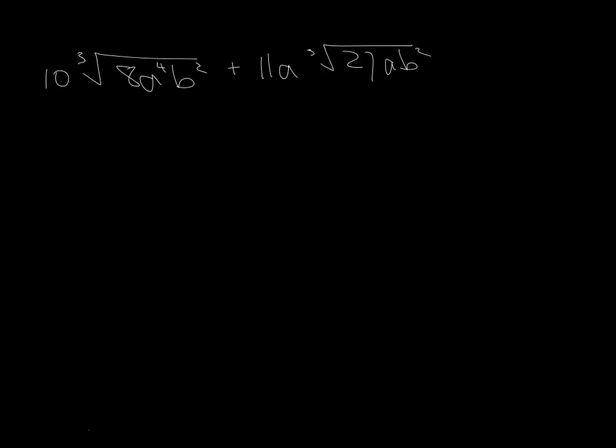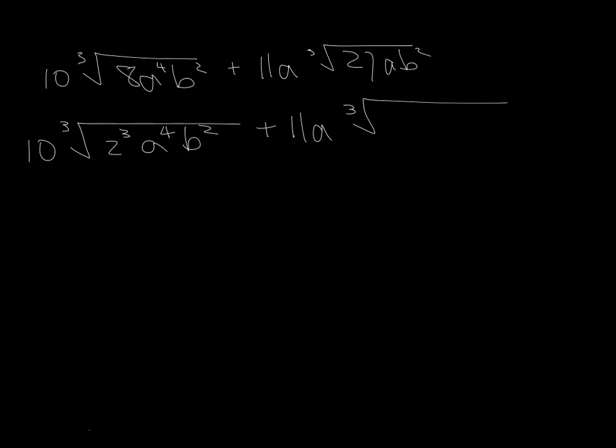Alright, so let's simplify what's in each one of these. And what I want to do when I simplify is get them into the prime factors. So 2 cubed, 2 times 2 times 2 is 8. A to the fourth b squared plus 11a cubed root of 27 breaks down to 3 times 3 times 3.